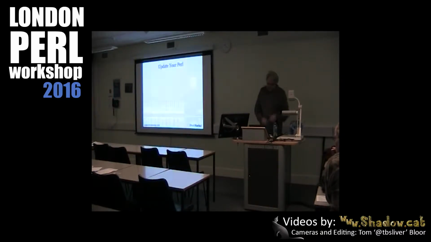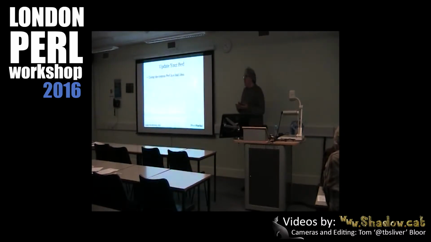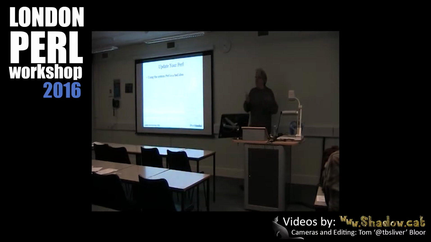So the takeaway from this is that you should update your version of Perl, and using the system Perl is generally not a very good idea for all sorts of reasons, but one of them is that if you're stuck using, for example, Red Hat Enterprise Linux 6, that's a fairly common version of Linux that people use in production, then you'll be using Perl 5.10.1 because that's the version that comes with that version of Red Hat, and these vendors will not update it through a major version number during the lifetime of that release.